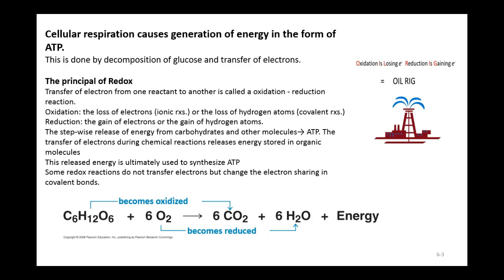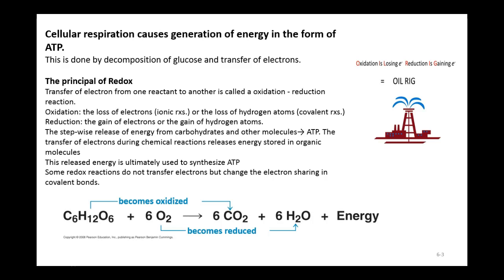So this is a definition of these two terms, and the best way to remember oxidation reduction, and everybody does this, is this mnemonic to the side called OIL RIG. Just remember the term OIL RIG and the image of an oil rig. Oxidation is losing of electrons, reduction is gaining of electrons. So when we are asking what was oxidized, we want to ask ourselves what lost electrons.